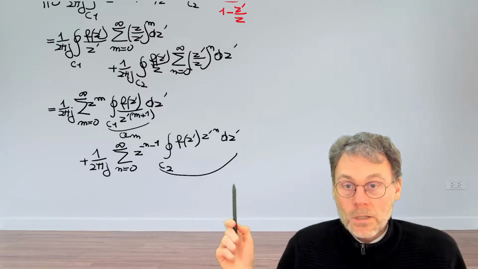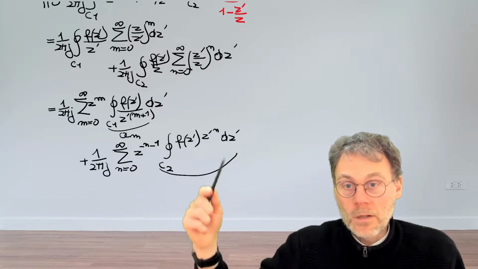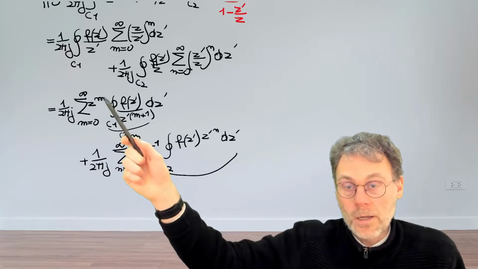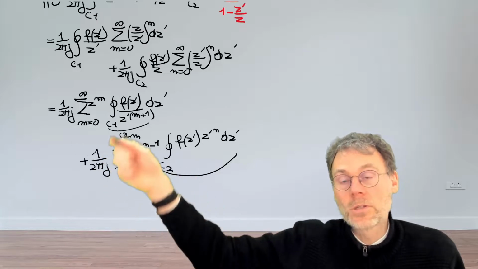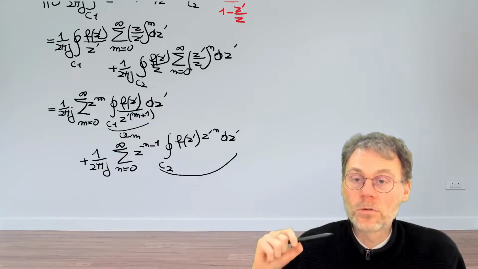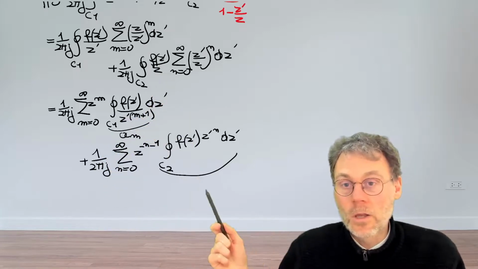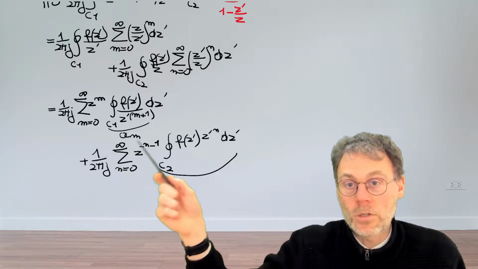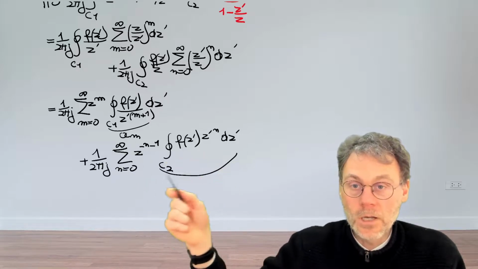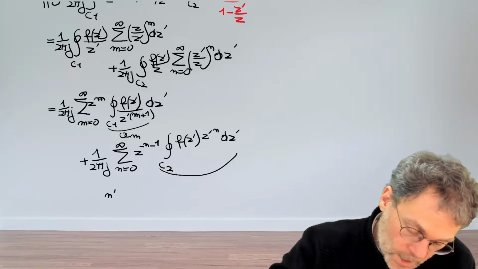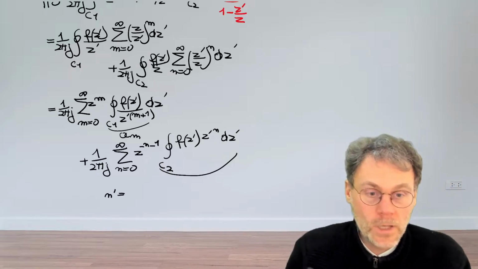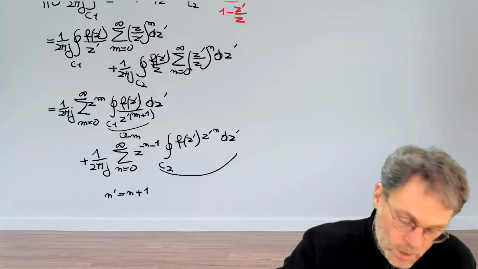Now what we can do is slightly rearrange this such that it looks a lot more like this thing over here, and it becomes really clear that we just have all the positive powers, all the negative powers, and also the power of 0 here. What we're going to do is make a small change of variables, such that we have a new summation index n prime, which is going to be n plus 1.